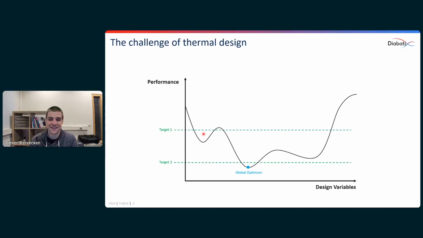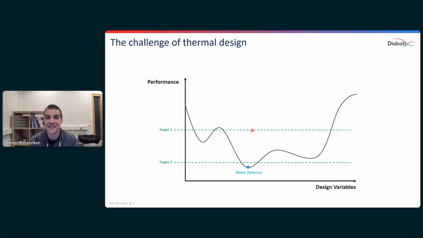The downside of this graph is we don't know a priori what this black line looks like. What we do know is, of course, our requirements. If our requirements are relatively relaxed, represented here by the first green dotted line, target 1, we can easily see that quite a bit of the black curve is below the thermal requirement, meaning that any design on this black line meets the thermal requirements, even some local optima, like you can see here and here.